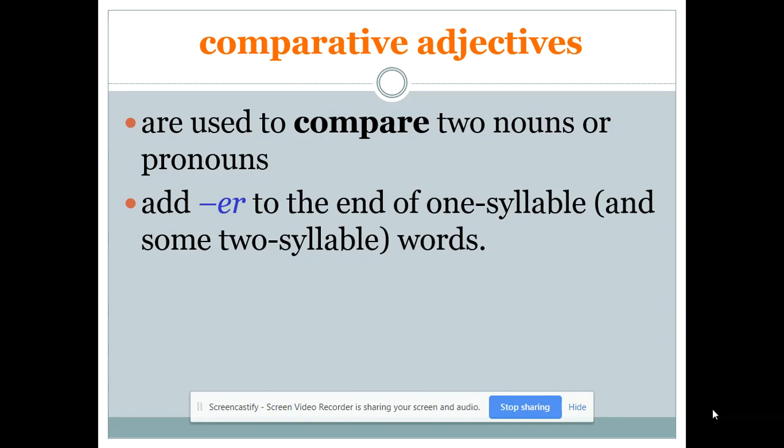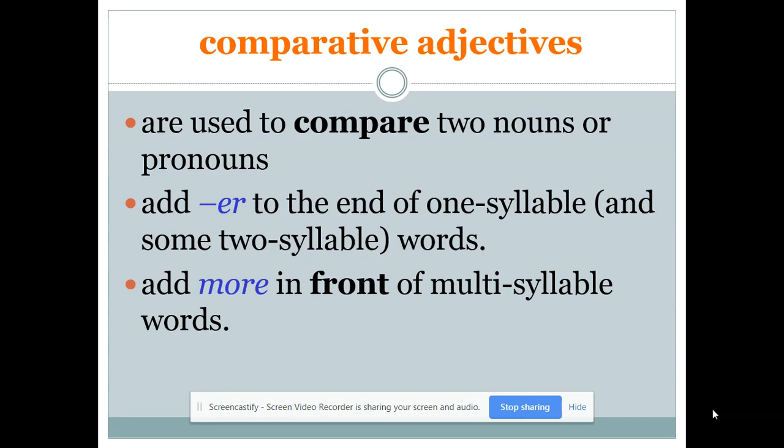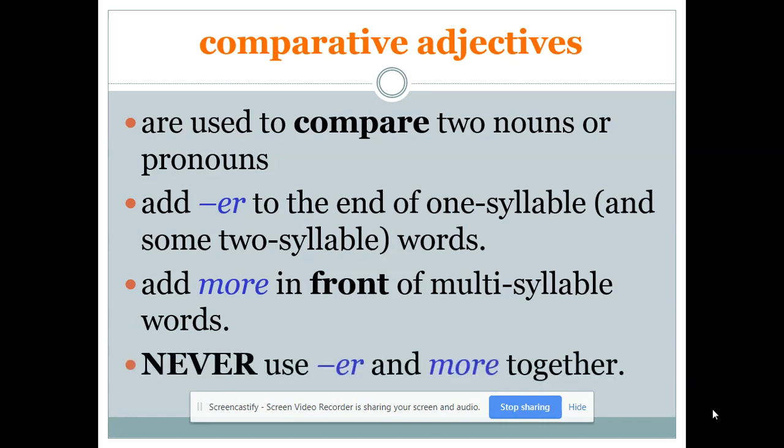In the comparative form, there are 2 ways of turning adjectives into comparatives. The most common one is to add ER if it's a short 1-syllable word or a couple of 2-syllable words. If the adjective you're adding the comparative ending to ends with E, you just add the letter R. If it's a longer word, if it's 3 or more syllables or some 2-syllable words, especially ones that have suffixes, you add the word more in front of it.